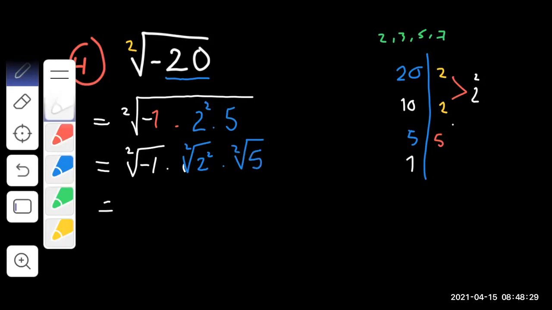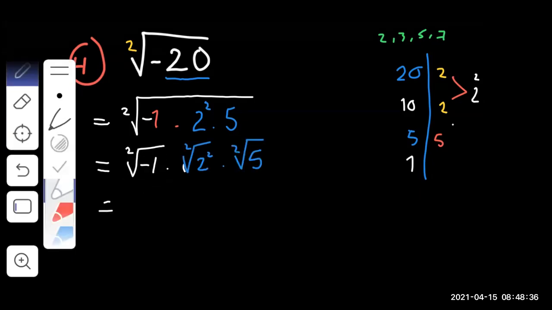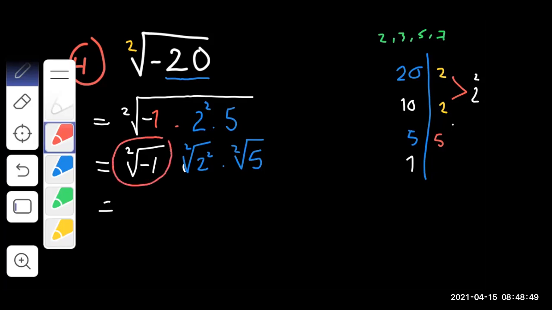What is the square root of negative 1? The square root of negative 1 is the imaginary unit, i.